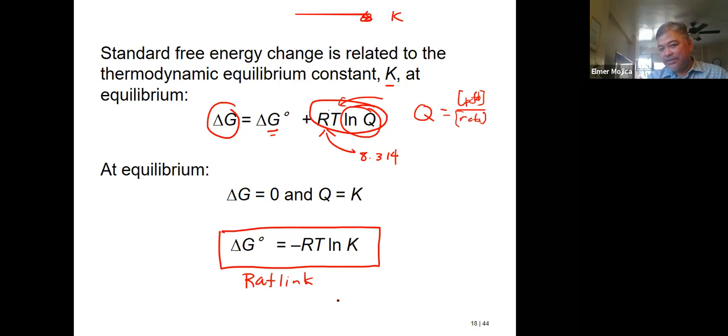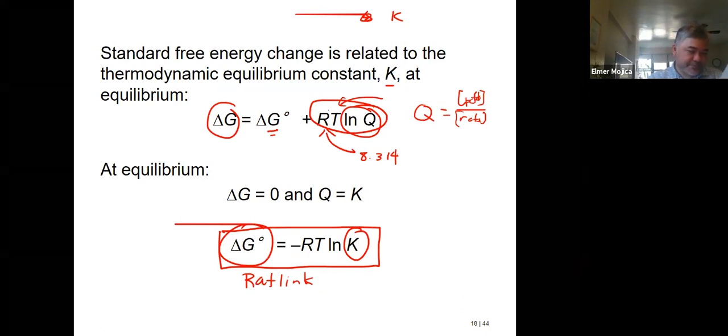So what does it mean? How does it relate to your delta G and K? What do you think is the relationship here? What's the relationship of delta G with your K value?